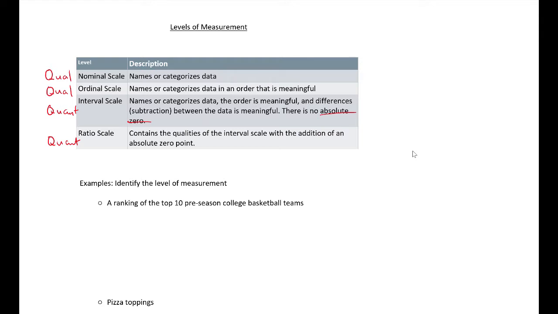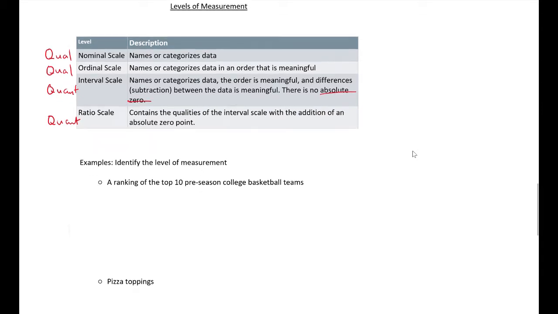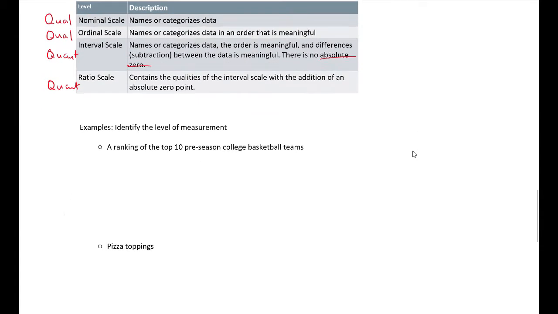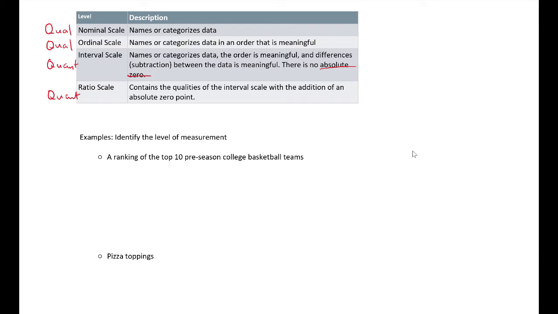Okay, let's see if we have a few examples here. So a ranking of the top 10 preseason college basketball teams. The question is, what's the level of measurement there? Well, we have the basketball team, so that's going to be a qualitative data set. So that kind of indicates we should be either nominal or ordinal. And the question is, do we have a ranking here? Well, yeah, right? Certainly number 1 is different than number 10 in the rankings. So what we have here is an ordinal level of measurement.